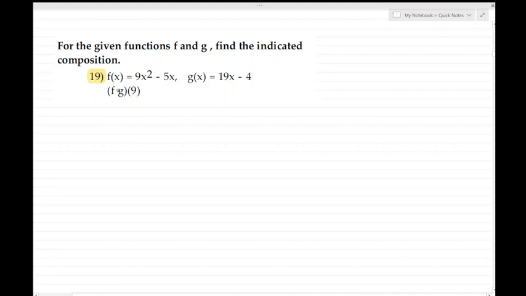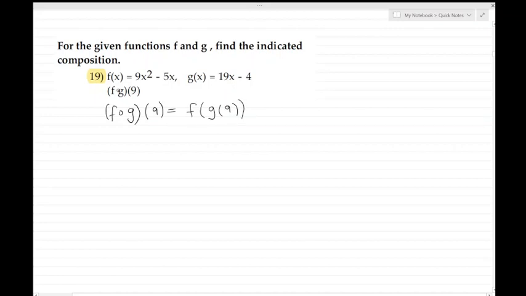Next, for the given functions f and g, we want to find the indicated composition. If it's not clear, we're looking for f composed with g at the value 9. One way to look at this is the following: the function f composed with the function g evaluated at the value 9.